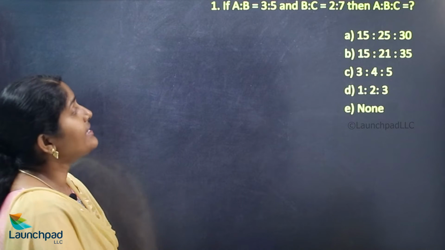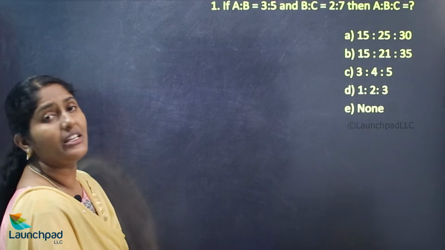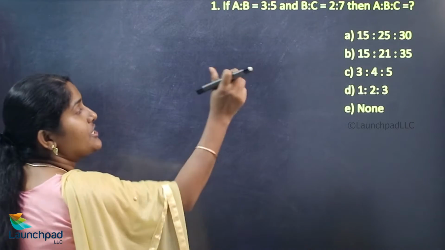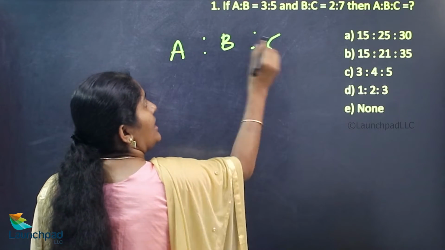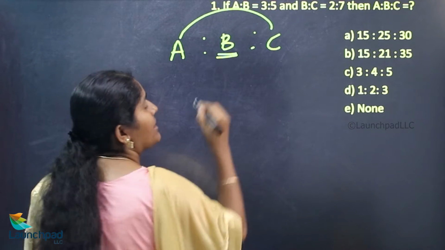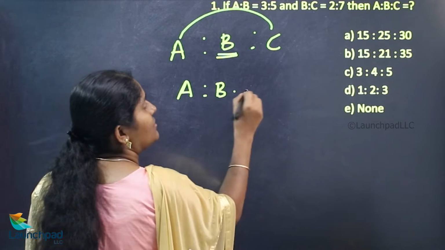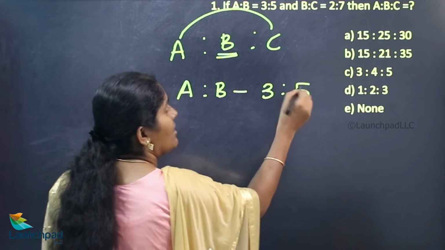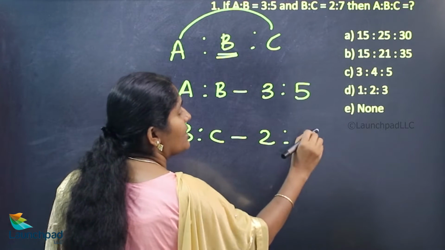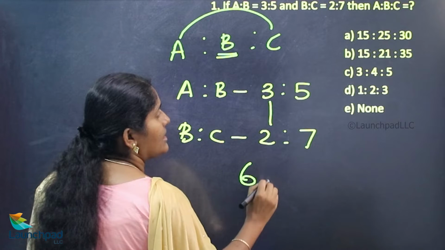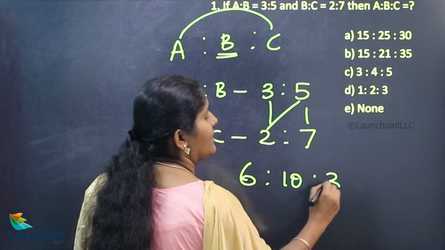Now, if A is to B is equal to 3 is to 5 and B is to C equal to 2 is to 7, then A is to B is to C. We need to connect A with C in terms of B. So here A is to B is 3 is to 5, B is to C is 2 is to 7. 3 2s are 6, 2 5s are 10, 5 7s are 35.